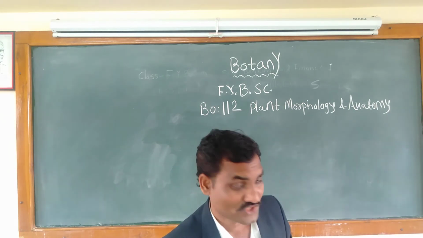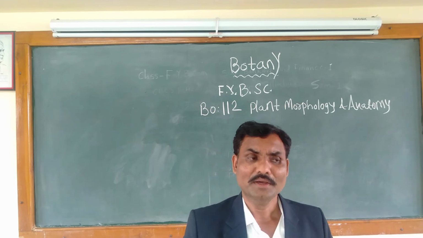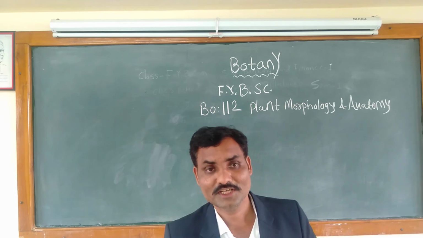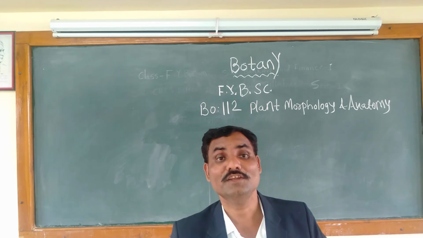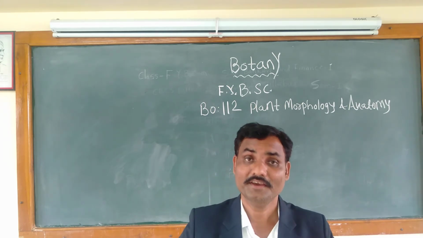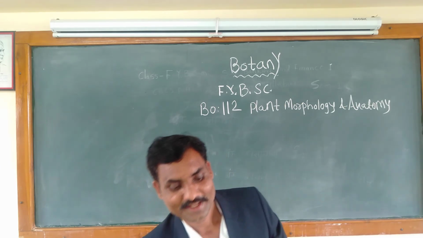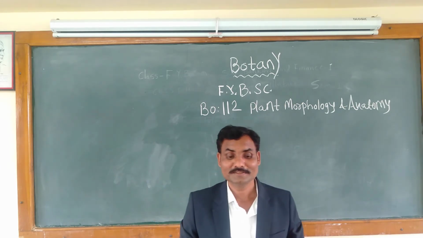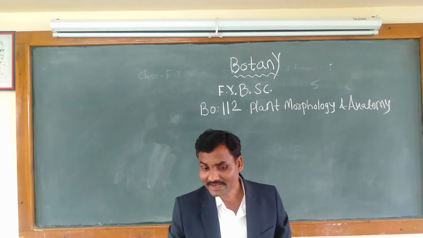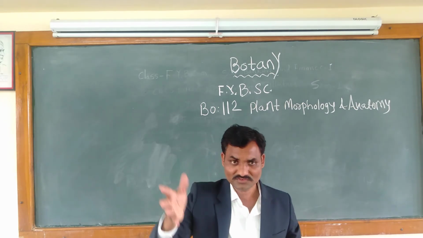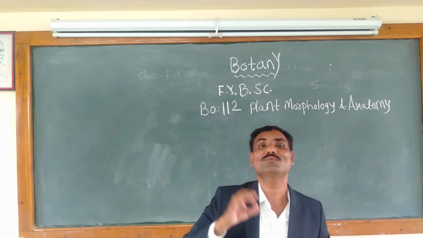Then what about fleshy fruits? In fleshy fruits, there is a drupe, there is a berry, hesperidium, and pepo. Then what about aggregate fruit? Aggregate fruits are again divided into etaerio of berries and etaerio of follicles.